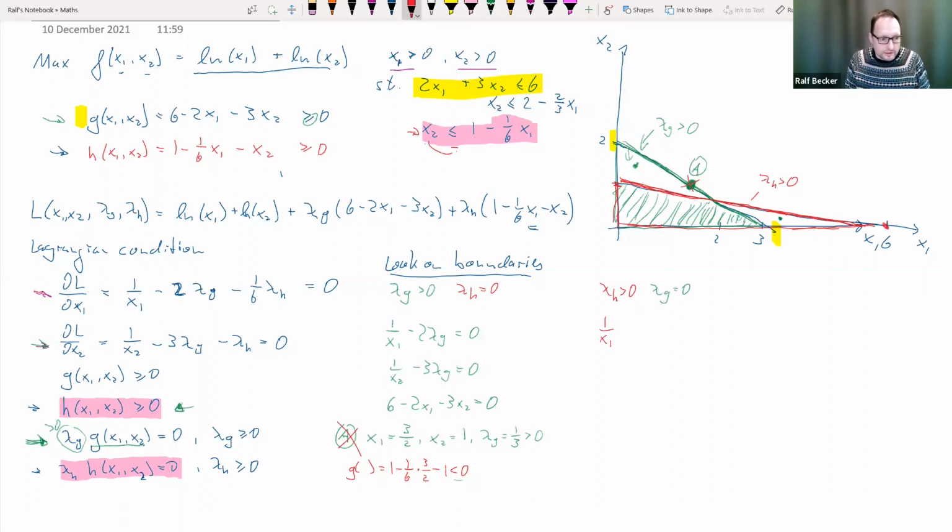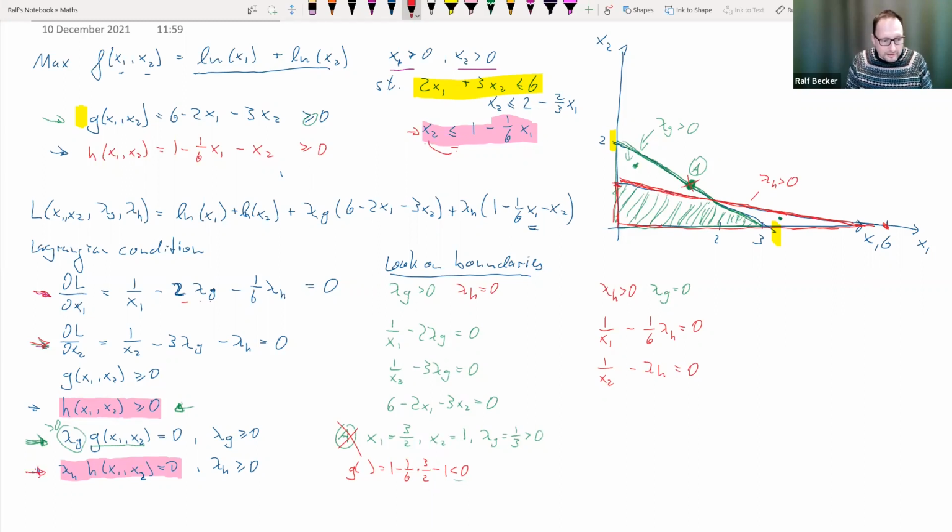I'm going back to the Lagrangian condition, 1 over x1, that term will be 0 because I'm setting lambda g equal to 0, minus 1 over 6 lambda h is equal to 0. Then I'll go to the second one. I'll get 1 over x2 minus lambda h is equal to 0. So two equations with three unknowns, x1, x2, and lambda h. I need a third one.